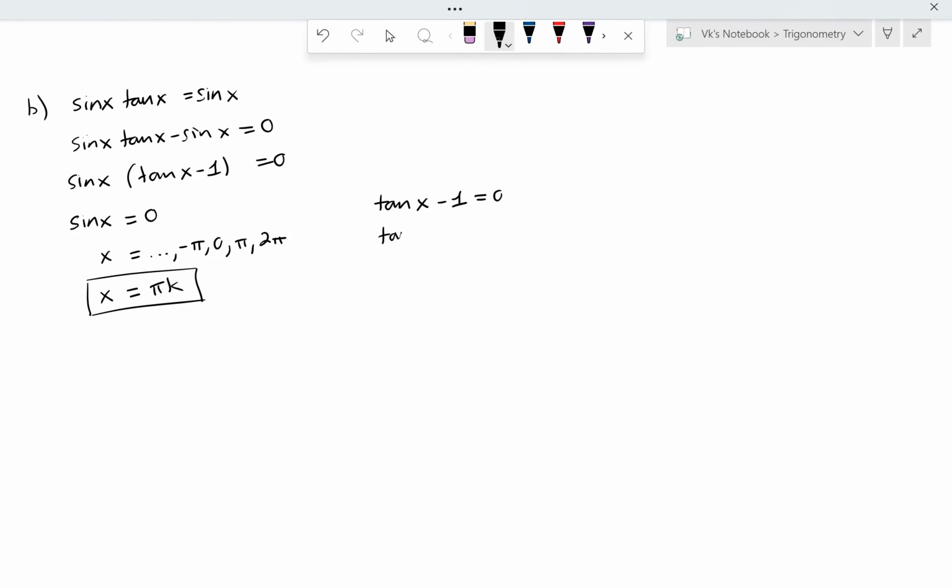On the other side, we have tangent x equal to 1. Well, tangent is positive in the first and the third quadrant.